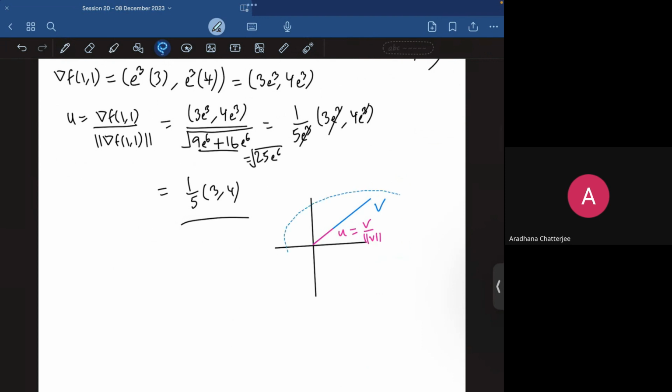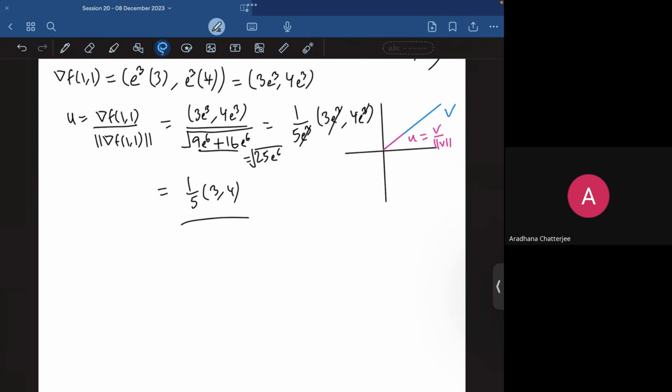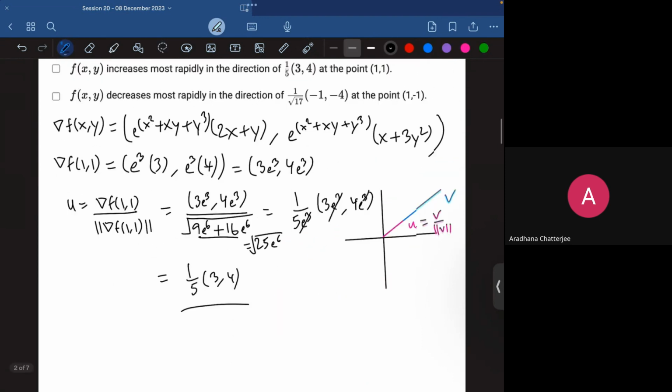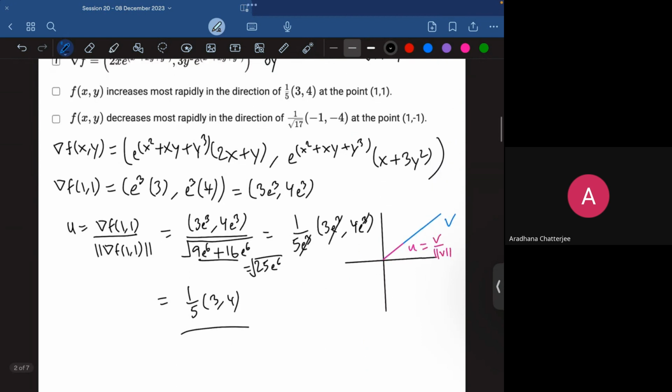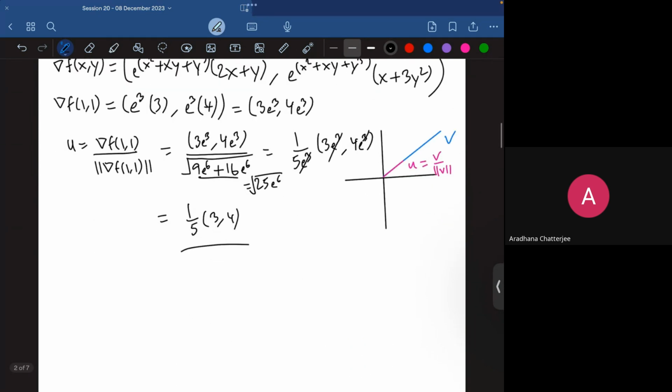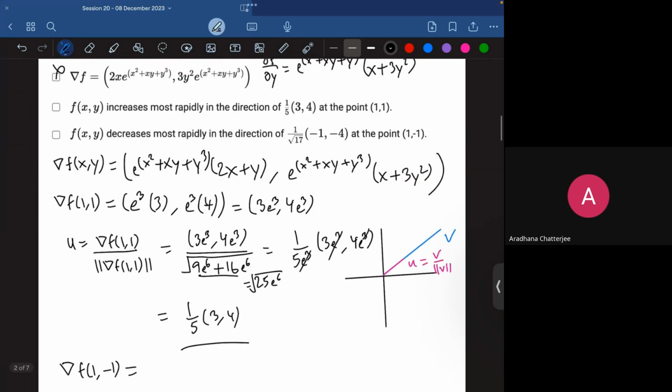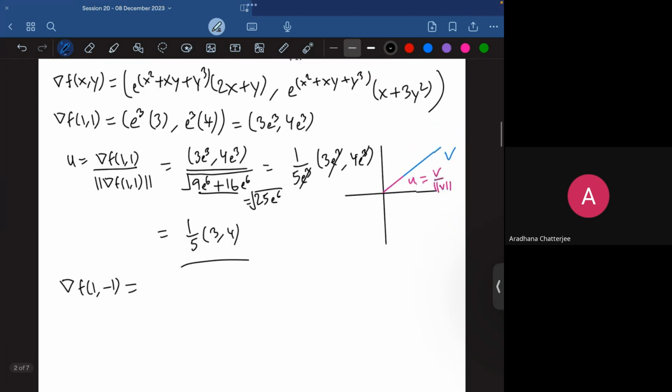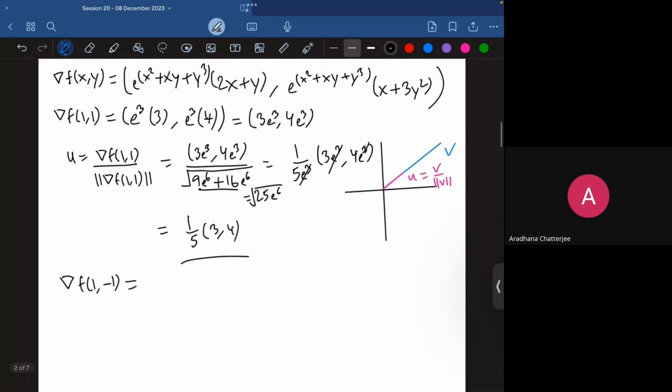So they have given us, okay, so what did we compute this to be? This is basically the gradient function that is going to stay put. So now we'll just put in these values of x and y. So what do we get then?